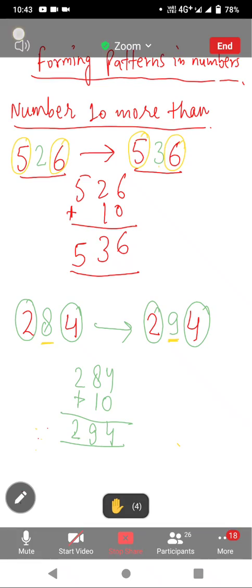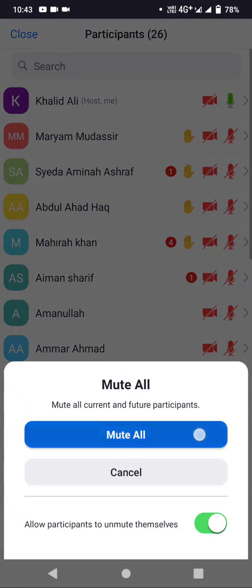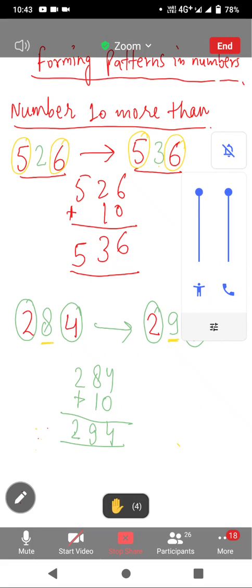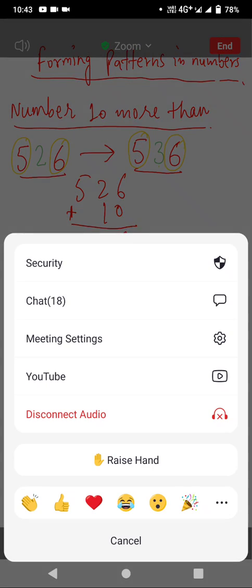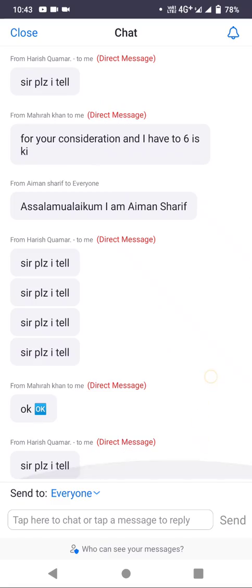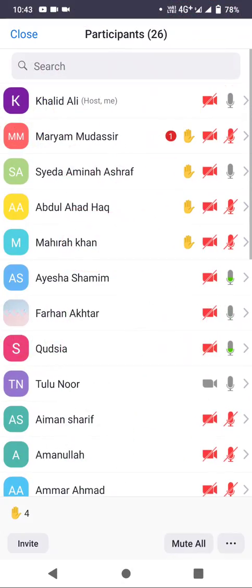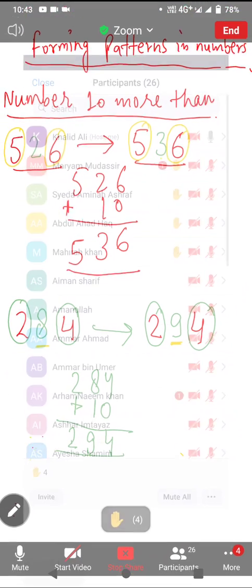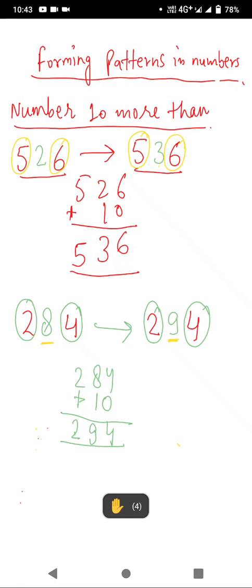Understood, students? Okay, I am explaining it again. So here we have to find a number which is 10 more than. Okay, so to find out a number which is 10 more than, we need to add 10 in that particular number.